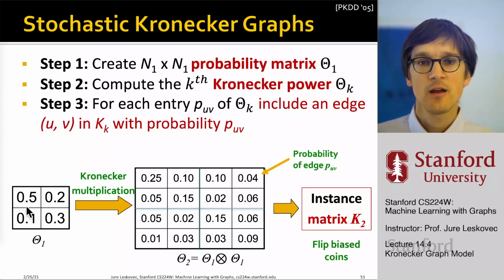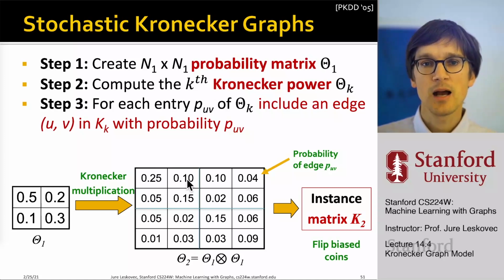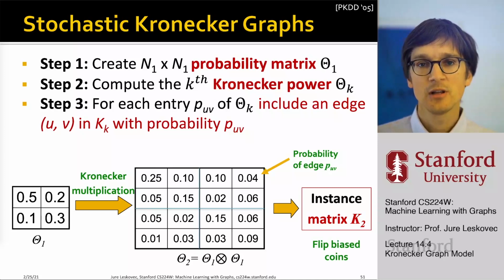The entries have to be between 0 and 1 and they don't have to sum to 1. I Kronecker multiply this initiator matrix to get a bigger probabilistic adjacency matrix. Now every cell here can be interpreted as a probability of an edge. So in order to generate the graph, I now simply traverse this matrix and flip a coin where every entry tells me what is the bias of that coin. And if the coin lands on heads, then we create an edge in the graph.